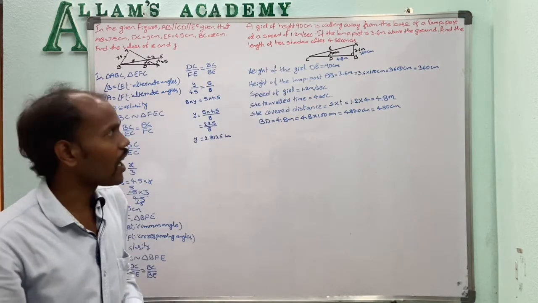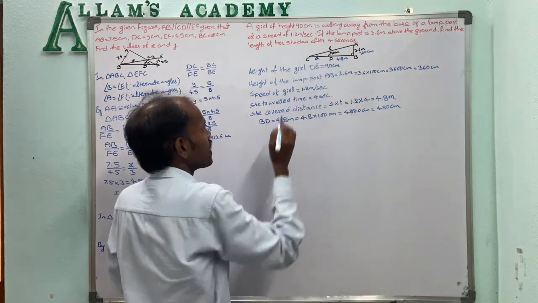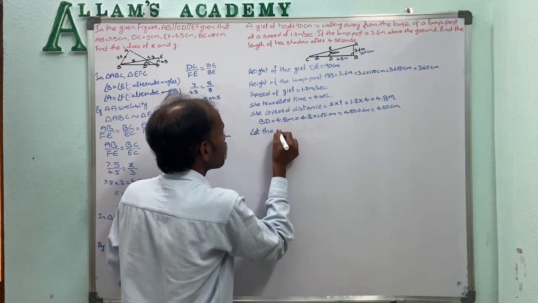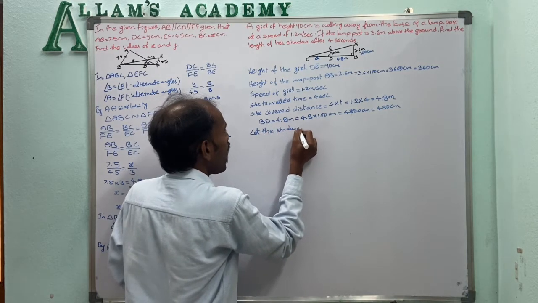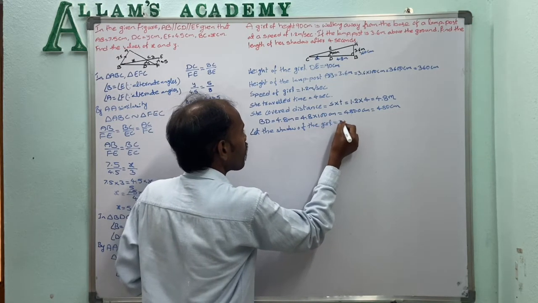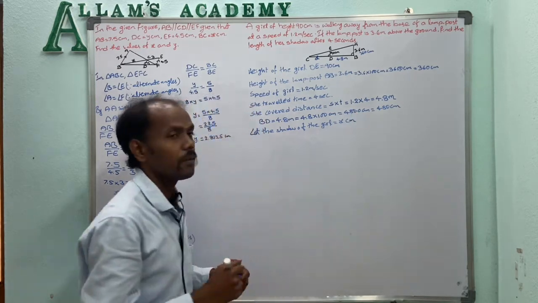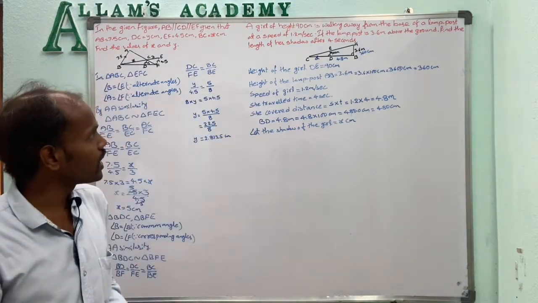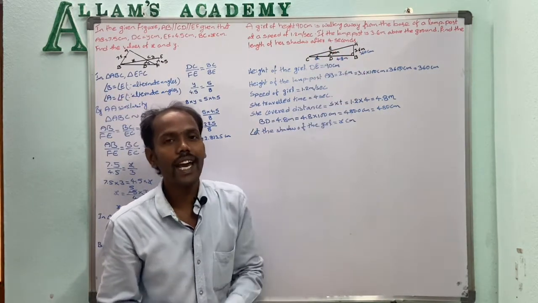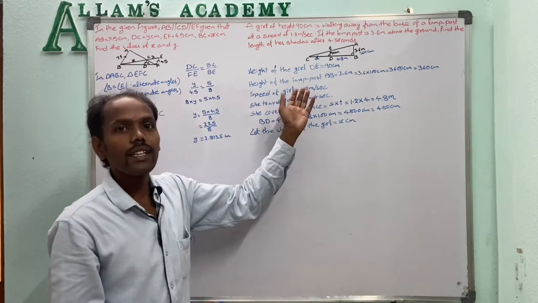So the shadow length is given by this CD, so we take it as X. So let the shadow of the girl equal X centimeters.